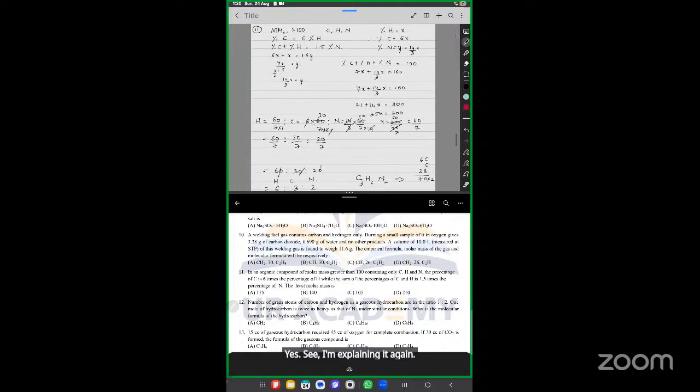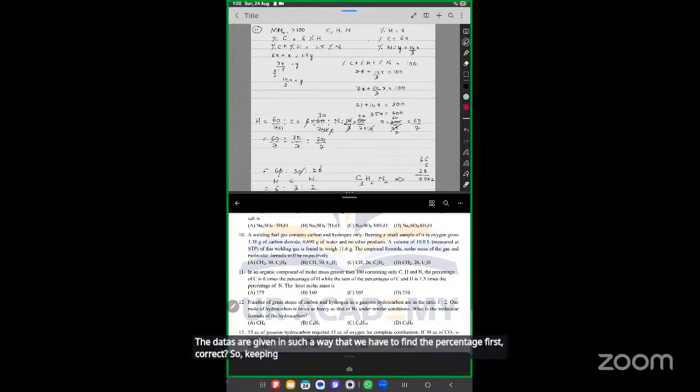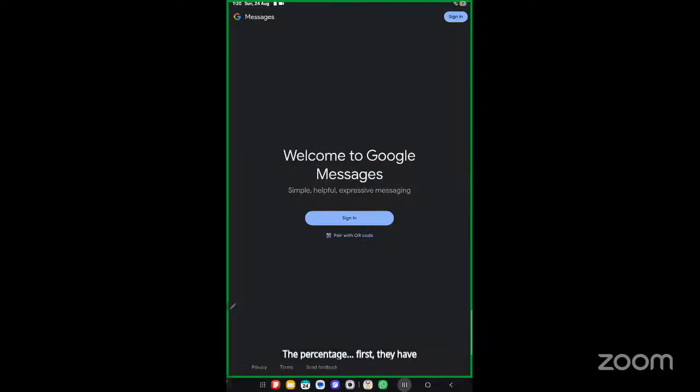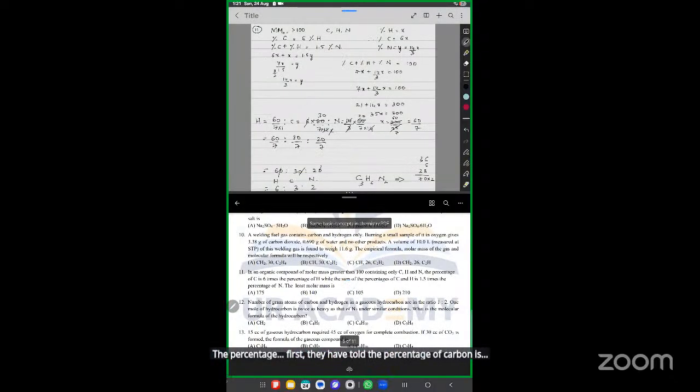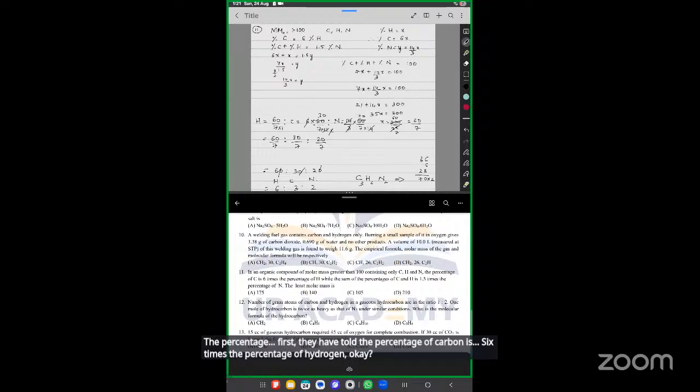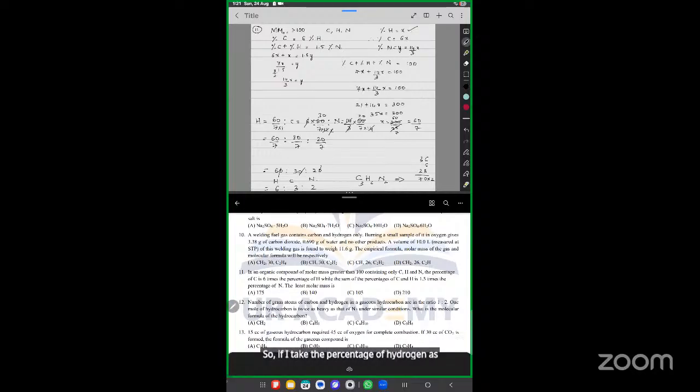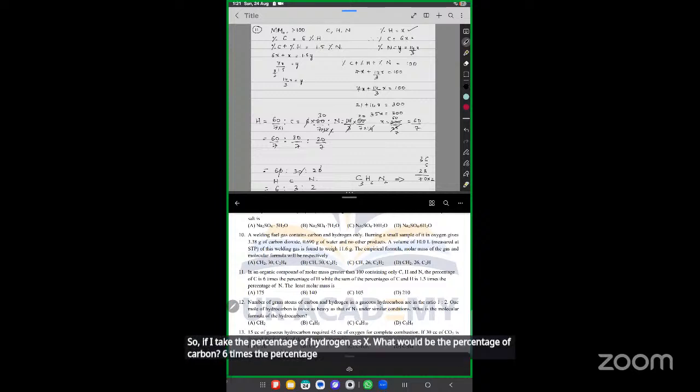What they have told you is, the data are given in such a way that we have to find the percentage first. First they have told the percentage of carbon is 6 times the percentage of hydrogen. So if I take the percentage of hydrogen as x, the percentage of carbon is 6x, right?